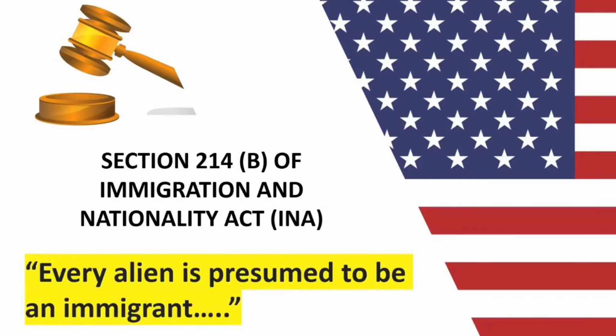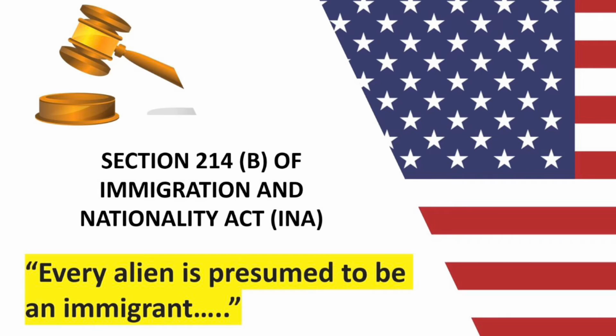Let's talk about the qualifications for a tourist visa. This is the most important requirement when applying. If you apply for a B1, B2 visa, you must demonstrate to a consular officer that you qualify for a U.S. visa in accordance with the U.S. Immigration and Nationality Act.